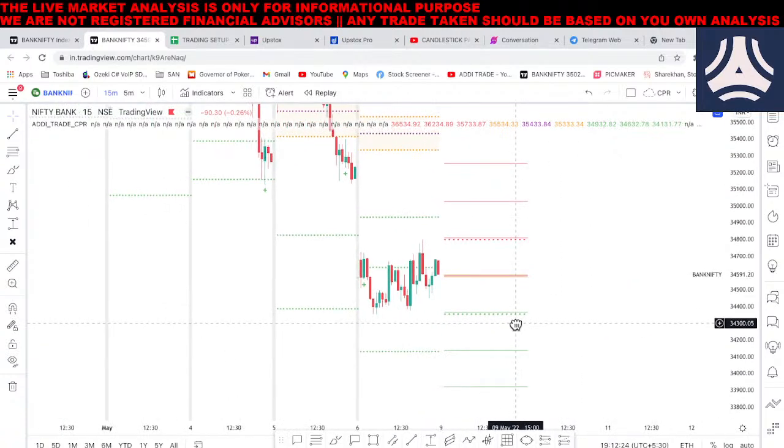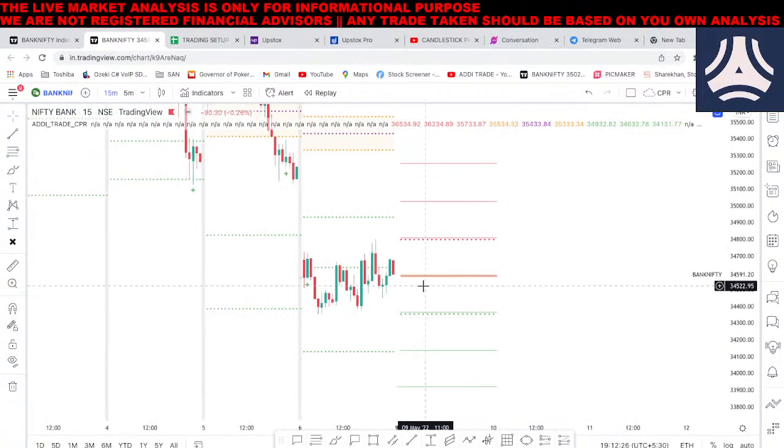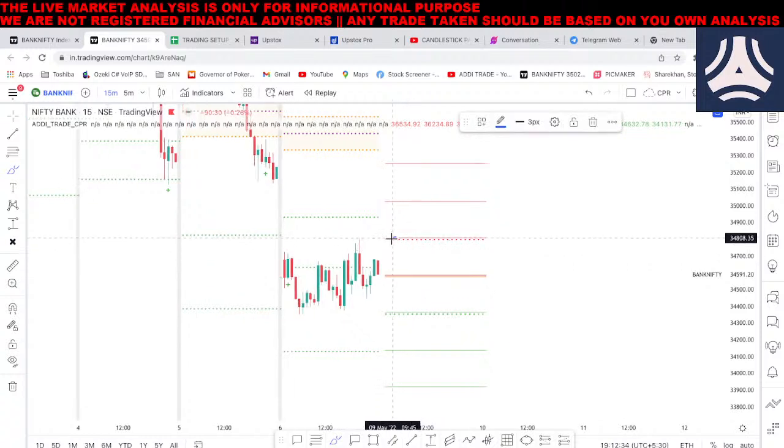Before you put your questions, let me just explain the entry and stop loss again. In the first scenario, if we are expecting a reversal at R1 with the target of CPR and S1, our stop loss will be R1 itself. Say price goes up and is reversing, we keep our stop loss at R1.